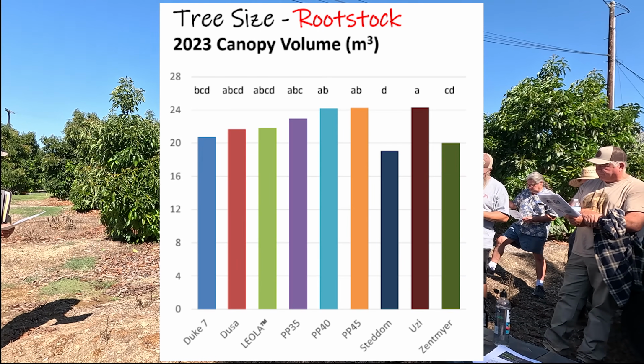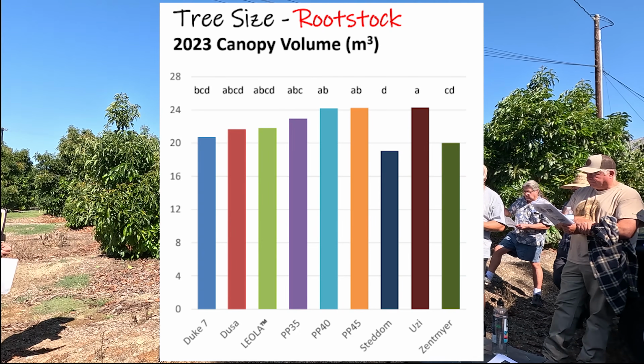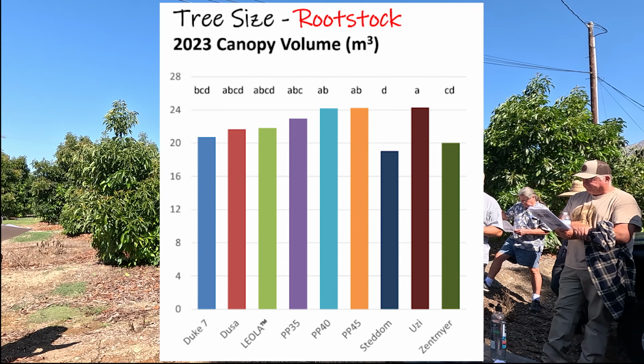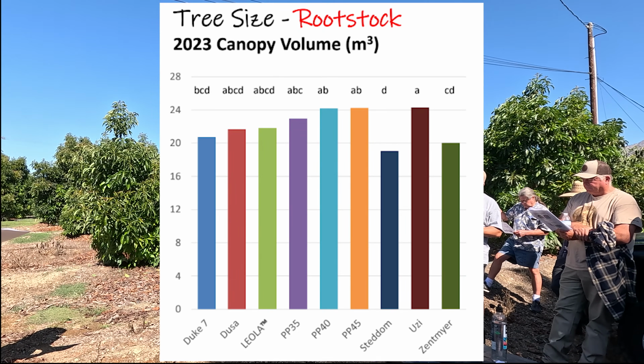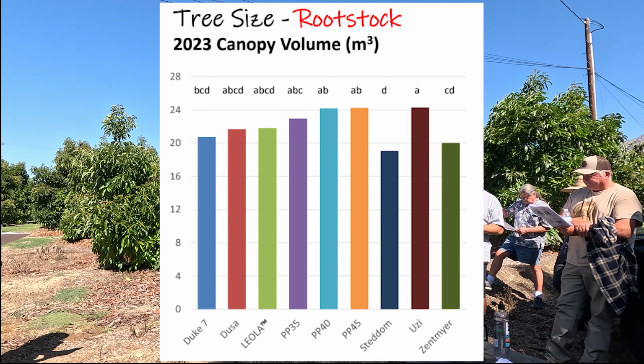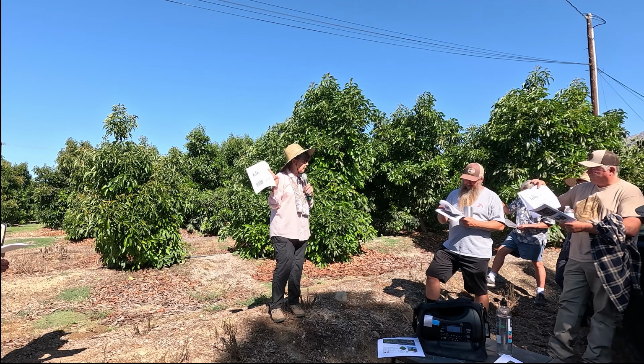And the largest trees numerically tend to be PP40, PP45, and Uzi. Dusa also produces sort of an intermediate sized tree. So there is some effect of rootstock on how big the tree gets.